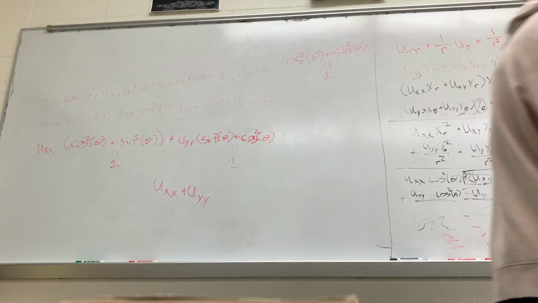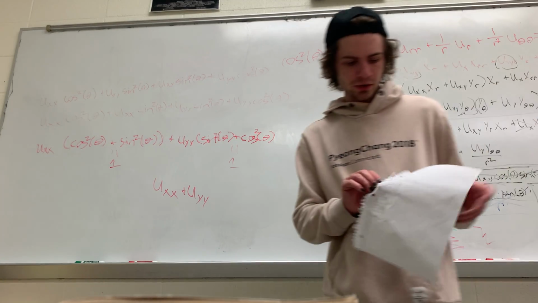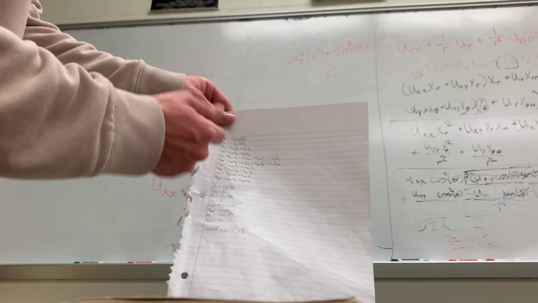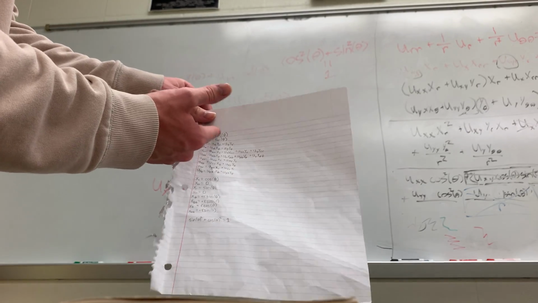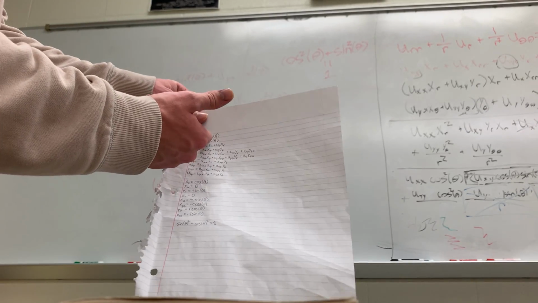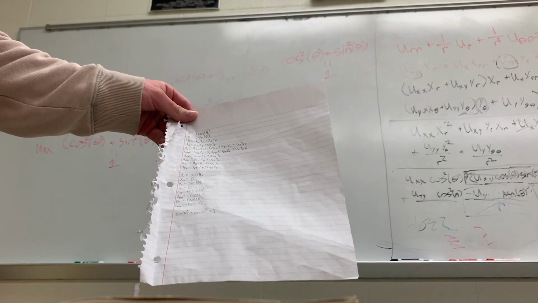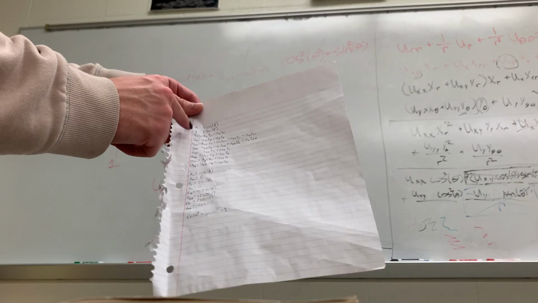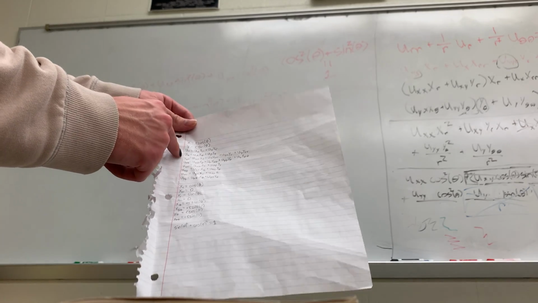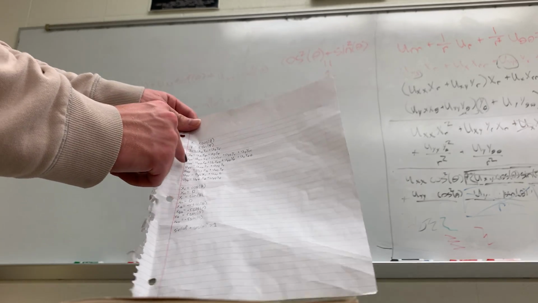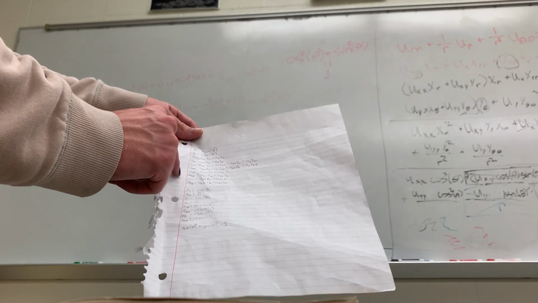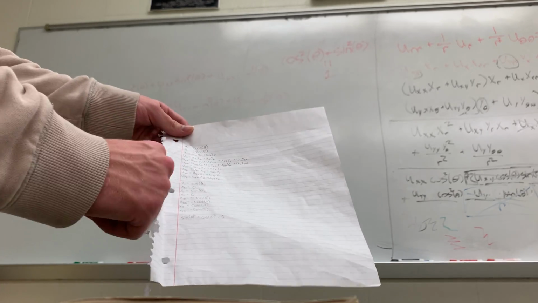And so I don't know if I gave a super good look at my sheet that I was using. So right here, I just have x equals r cosine of theta, y equals r sine of theta. And then I just have all of the equations for the different derivatives. So the derivative with respect to r, with respect to theta, rr, theta theta, xr, x theta, yr, y theta.